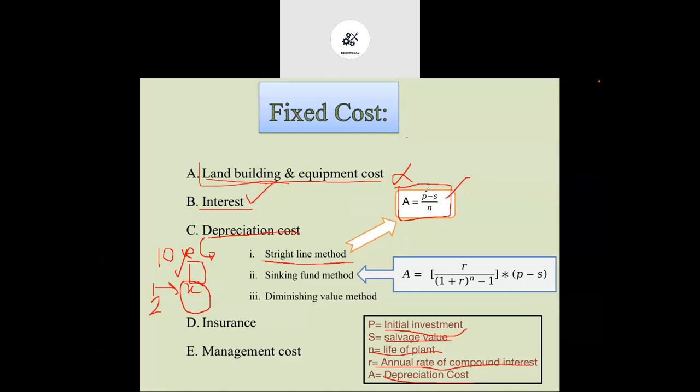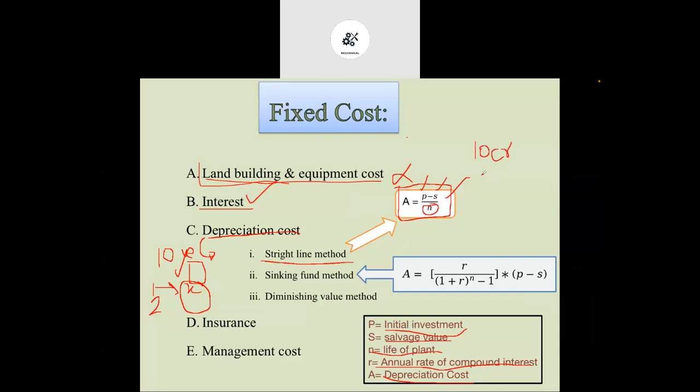Now, by using the straight line method, you can directly calculate the depreciation cost. That is, A, the depreciation cost, is equal to the initial investment minus the scrap value or salvage value, divided by the number of years. Just consider a new power plant which is going to be installed, having the value of 10 crore.